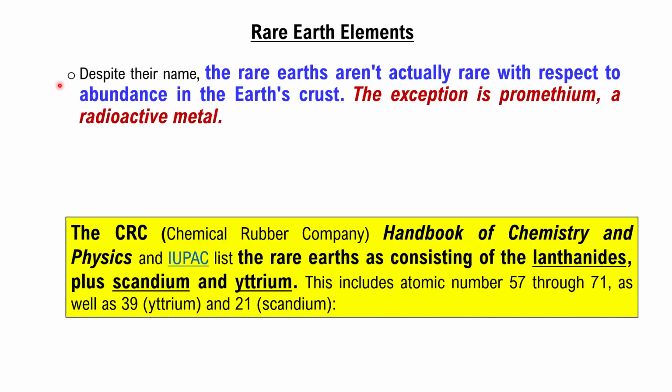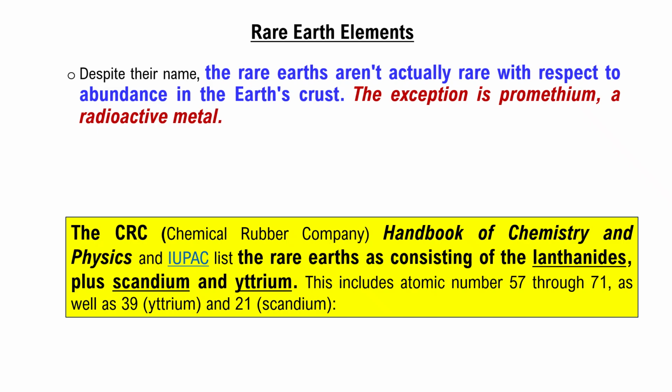Despite their name, the rare earths are not actually rare with respect to abundance in the Earth's crust. The exception is promethium, a radioactive metal. According to the Handbook of Chemistry and Physics, the rare earths consist of lanthanides plus scandium and yttrium.